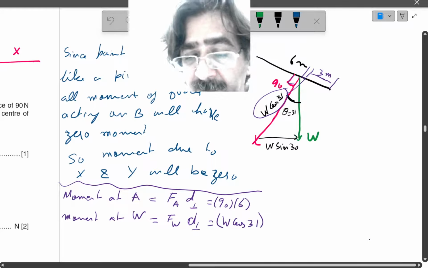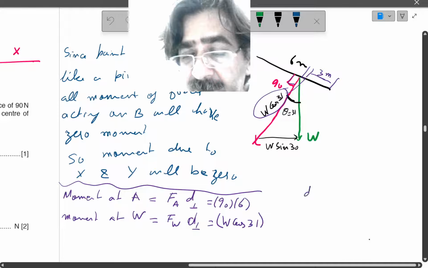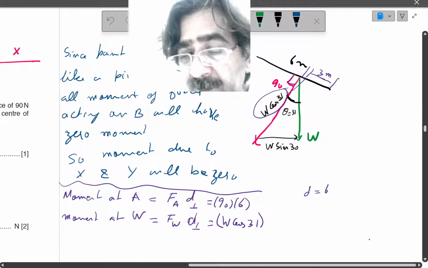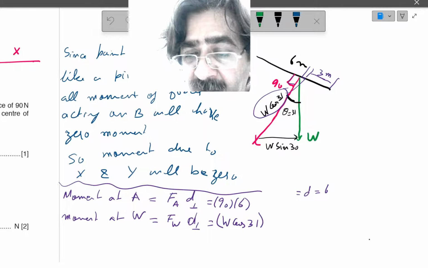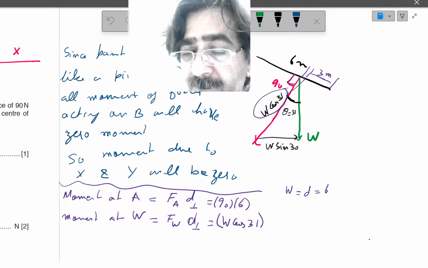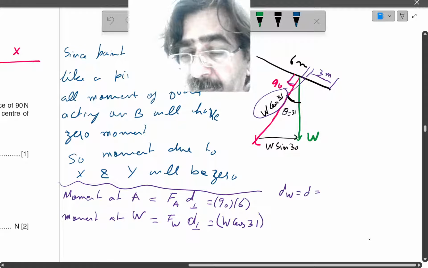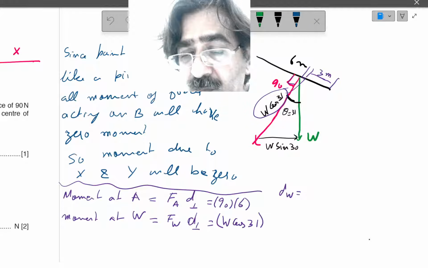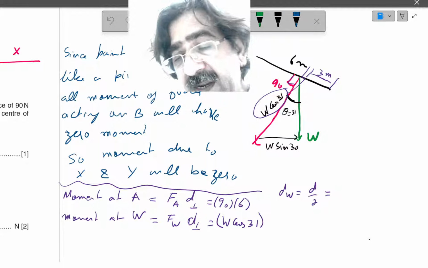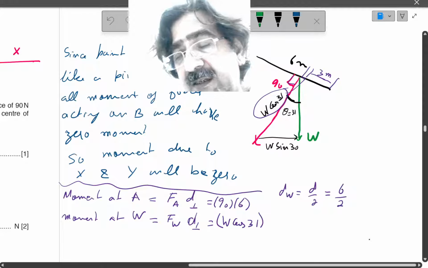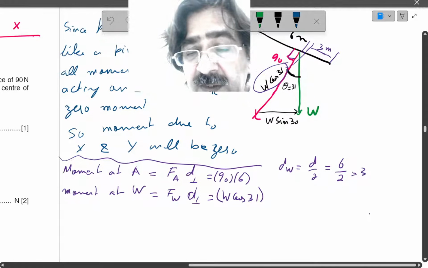So the total length is 6, and dW will be d by 2, that is 6 divided by 2, because the weight is at the center, so that will be equal to 3.